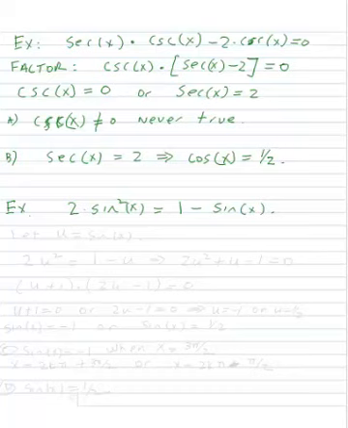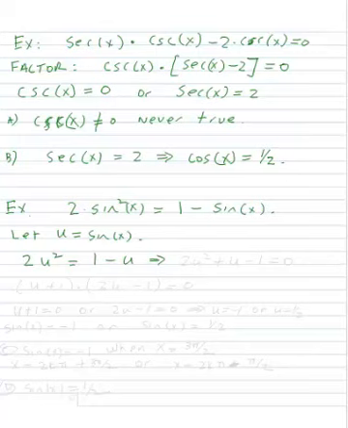So we want to modify this equation by introducing a substitution. Let u equal the sine of x. Then that original equation can be transformed into 2u squared is equal to 1 minus u. And now that's a simple quadratic equation to solve.